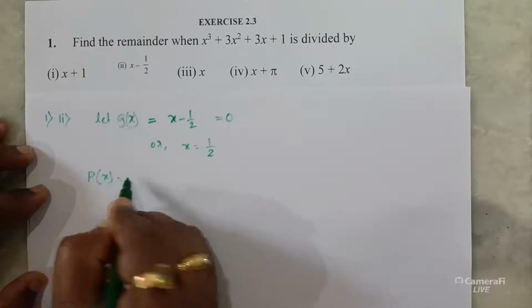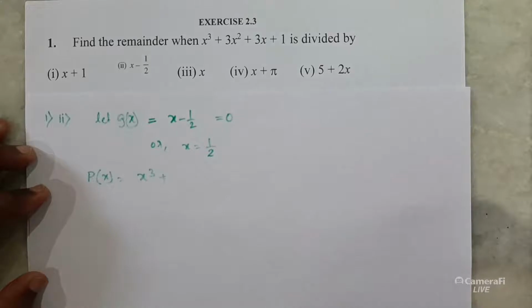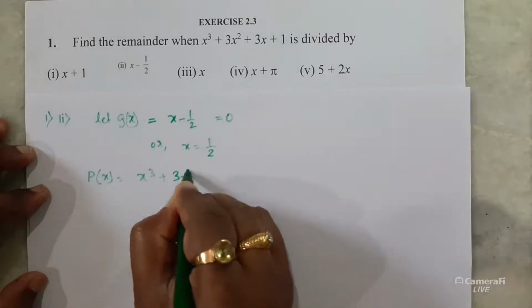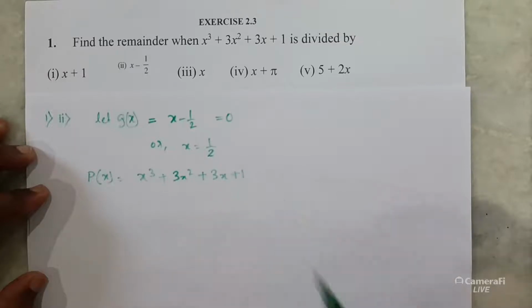P of x equals x cube plus 3x square plus 3x plus 1.